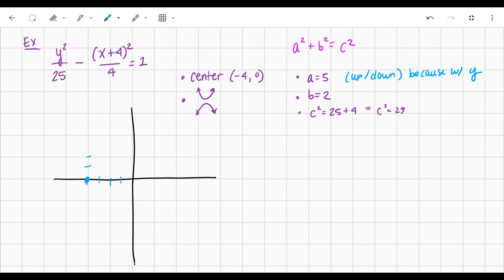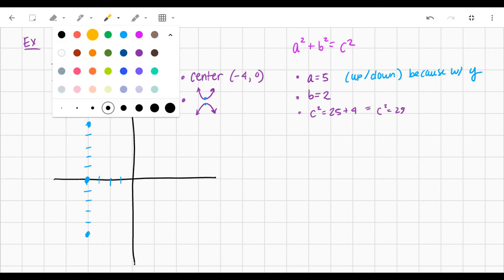So 1, 2, 3, 4, 5, and then 1, 2, 3, 4, 5. Those are going to be the vertices, these points right here. And then b is 2, so we're going to go to the right 2 and to the left 2.